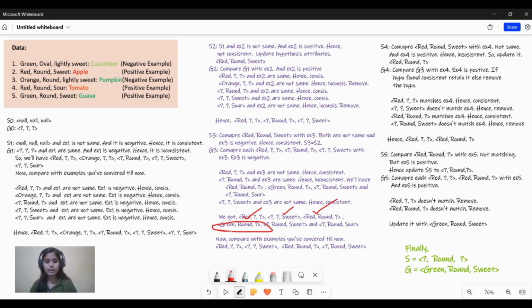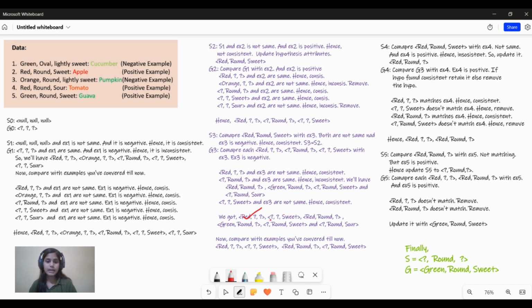Now let's cover the fourth hypothesis, green, round and question mark. Green covered, round not there, but the example is negative, so consistent. Now here green not there, but the example is positive, so this hypothesis is inconsistent, so we will remove this hypothesis.